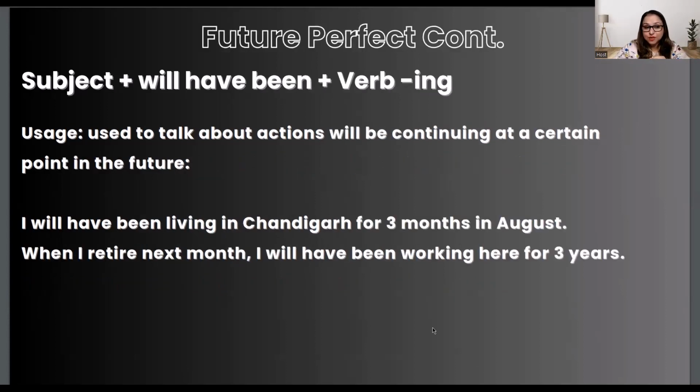Future perfect continuous. So the sentence structure would be subject will have been plus verb ing. So it is used to talk about actions that will be continuing at a certain point in the future. I will have been living in Chandigarh for 3 months in August.